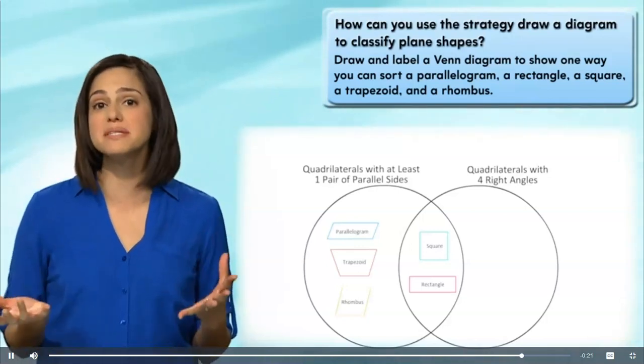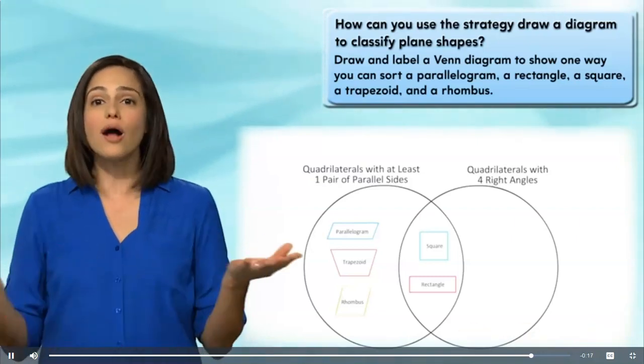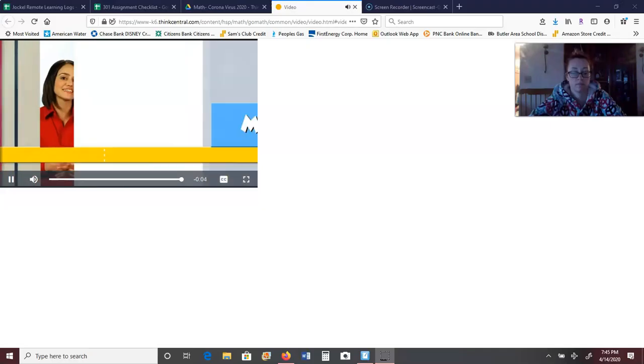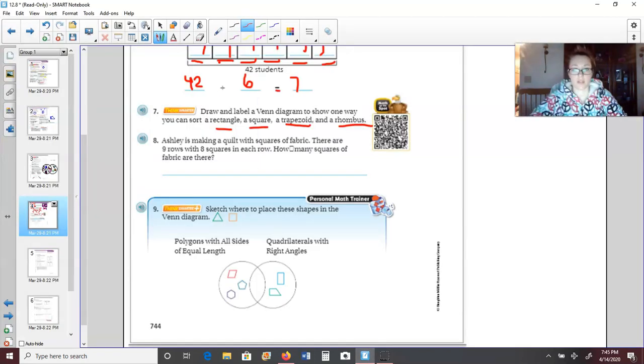Right there. Next, we have the rectangle. Again, here we have a pair of parallel sides. Here we have another pair of parallel sides. Also, the rectangle has 1, 2, 3, 4 right angles. So again, where does the rectangle belong? Yes, right here in the overlap. Next, we have the trapezoid. Right, so and we have a pair of parallel sides right here.